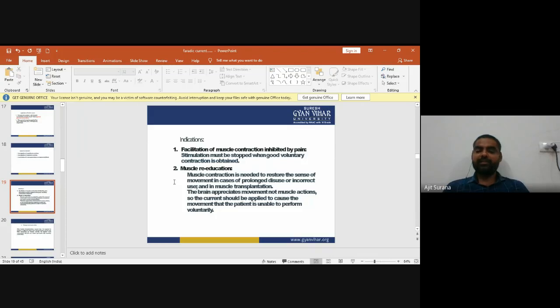So the Faradic current should be applied to cause the movement that the patient is unable to perform voluntarily. They are mainly used in conditions like flat foot and hallux valgus deformities, so they may be used in the re-education of the muscles.